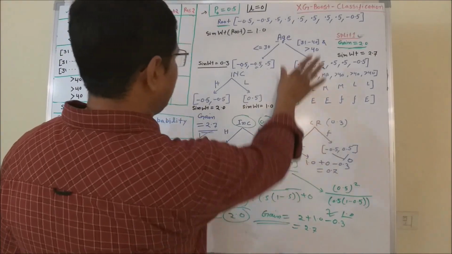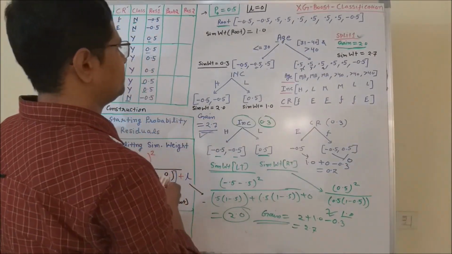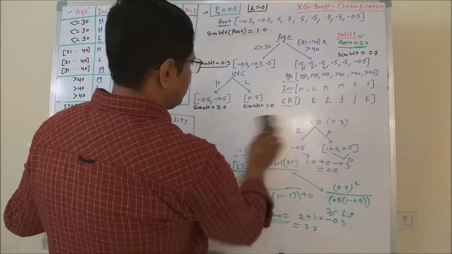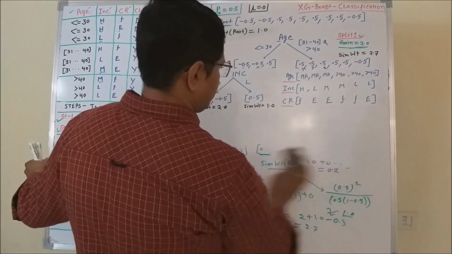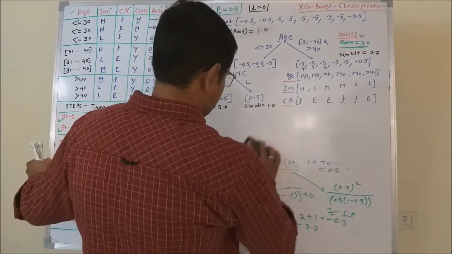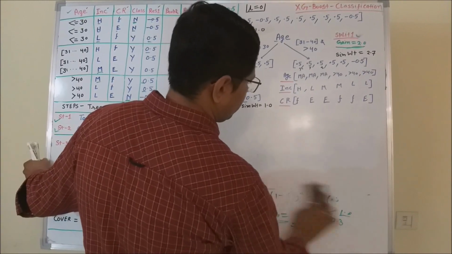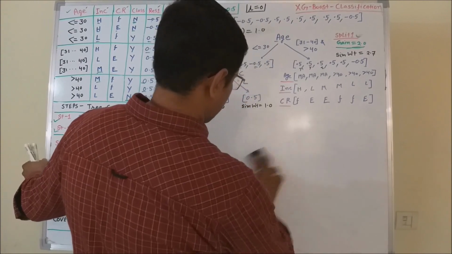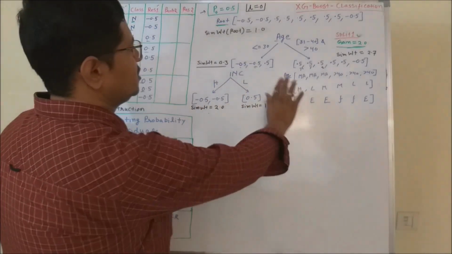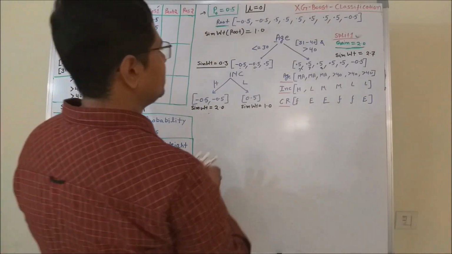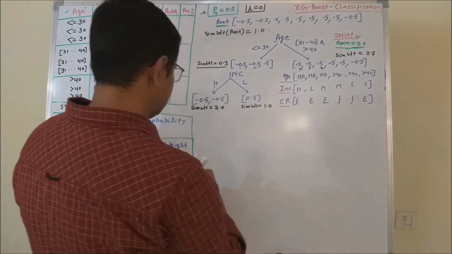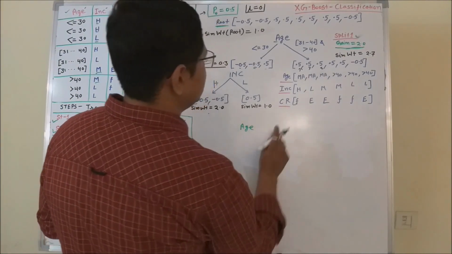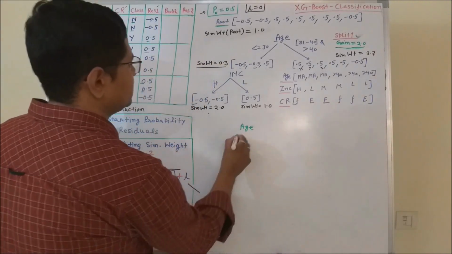Now by using the same way we will identify the next split. Now the same way we will identify the split here. For example, if you consider age, then you will have two possible splits.